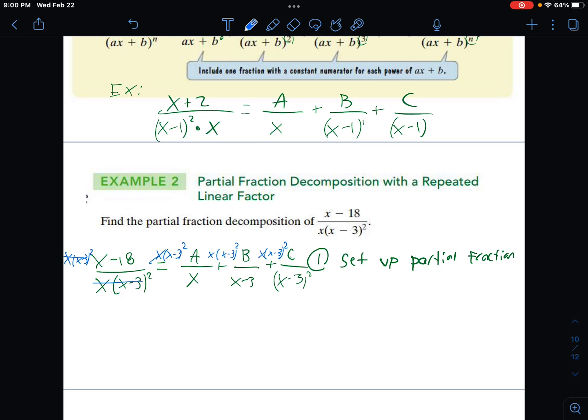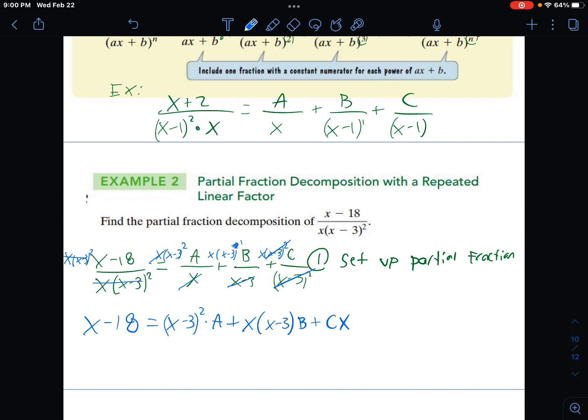Okay, we're going to have our x cancel, we're going to have one of these cancel, we're going to have both of these cancel, and we're going to be left with x minus 18 equals x minus 3 quantity squared times a plus x times x minus 3 times b plus c times x.